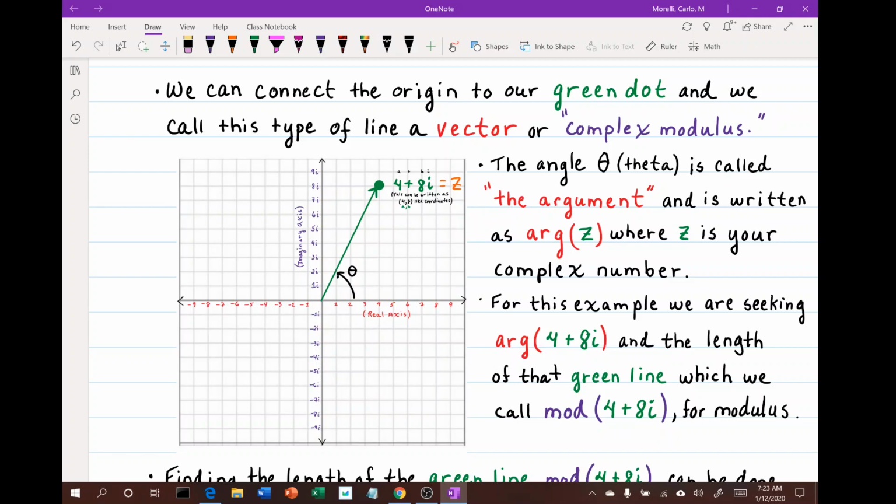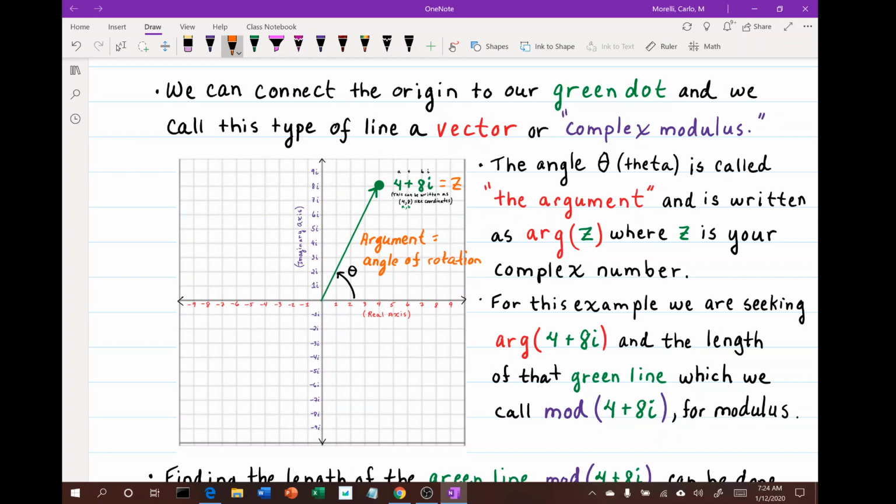So for this example, we are seeking the argument, or the angle of rotation, of 4 plus 8i. We're throwing a lot of stuff at you here. This word argument is just another way of saying angle of rotation. It's the same thing, but we're going to use the proper term here.